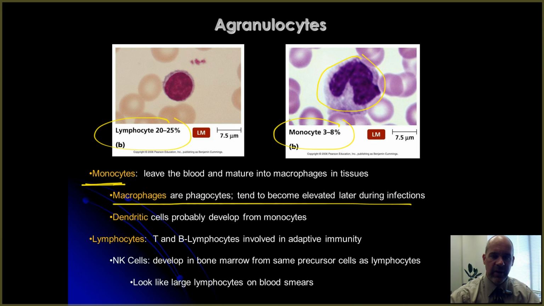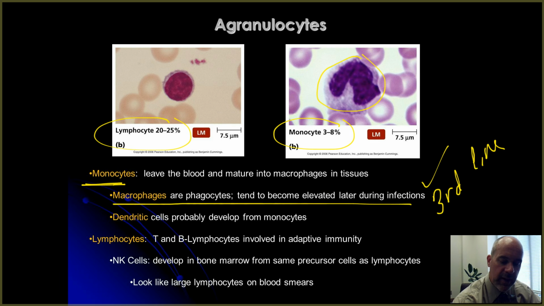So their numbers are going to be very high early when you have an infection going on. The macrophages will come in smaller numbers, but they're very good at phagocytosis. And then, as we're going to see, they're going to play important roles in the third line of defense also.